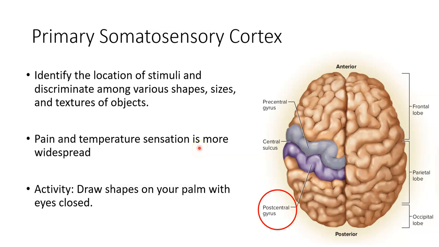If you want to test your primary somatosensory cortex, a good way to do it would be to draw shapes on your palm with your eyes closed and see if you can recognize the shape, or you could do it with a friend.